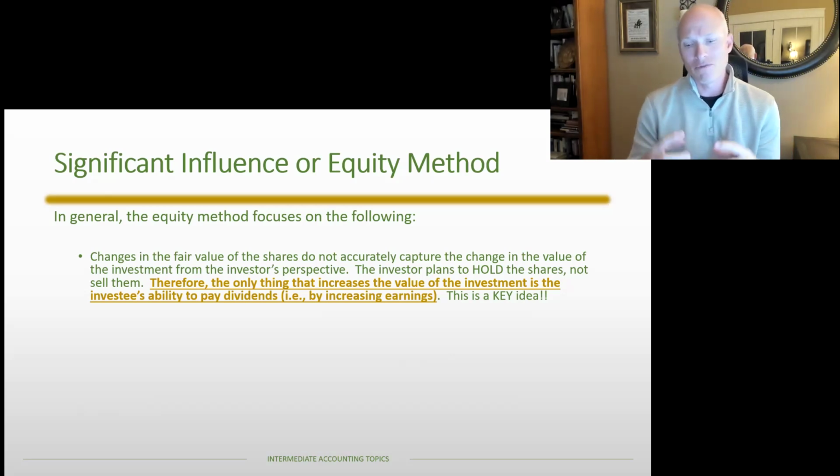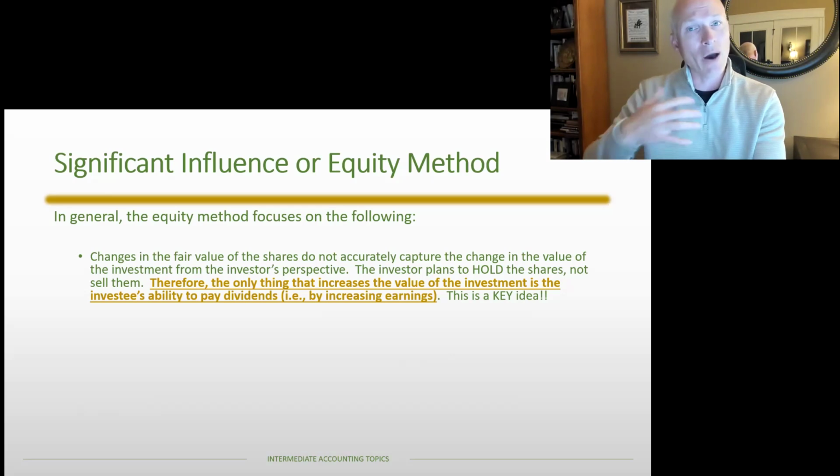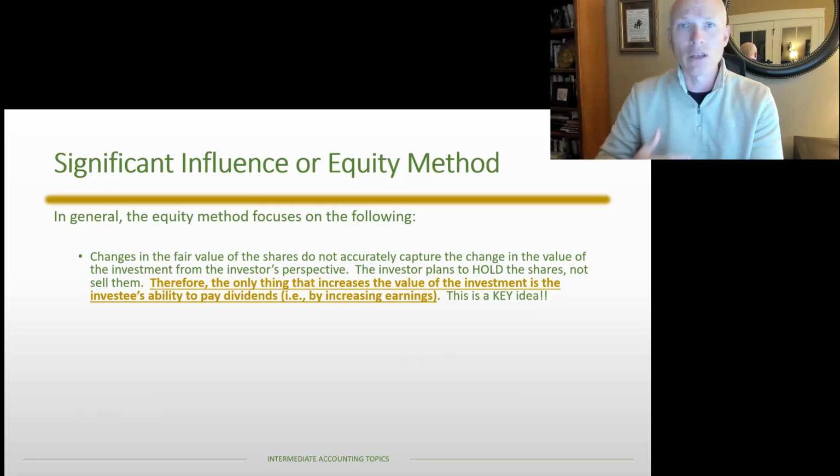And so really the value of that investment is the production of earnings. And what that production of earnings means is that it increases the ability of the company to pay dividends. So in other words, if I hold this investment and retain my influence and also am able to extract money out of there, in other words, get a dividend, then that's going to increase the value to me.